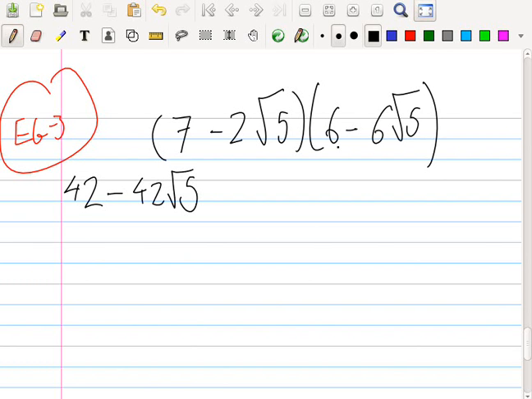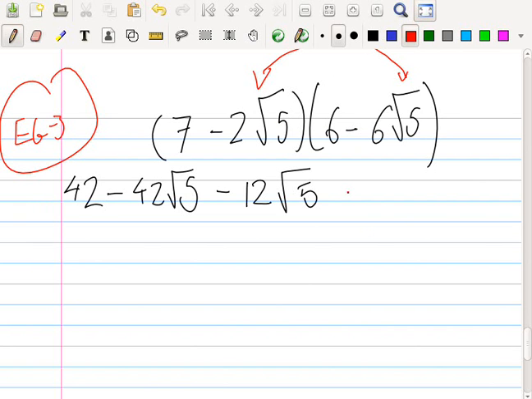Minus 2 root 5 by 6 is minus 12 root 5. And then be very careful at the end here. The last one: root 5 by root 5 is 5. 5 by 6 by 2 is 60 in total, I think. 2 times 6 is 12, and then multiply by 5, 60.